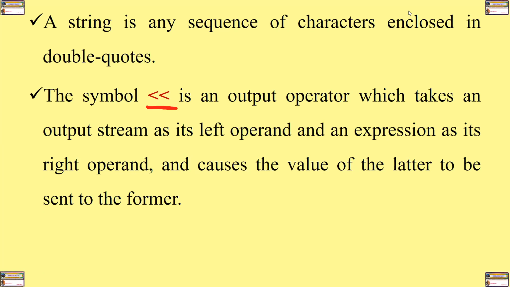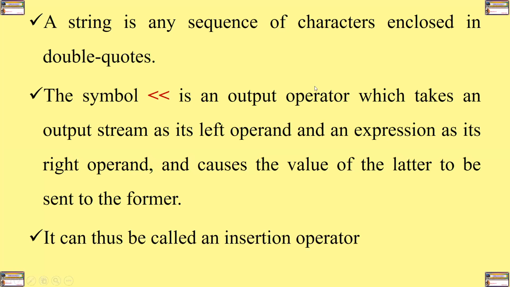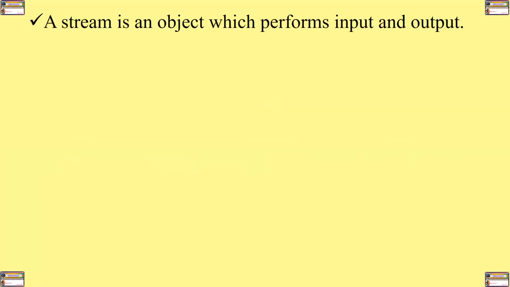What it does is that it takes an output stream as its left operand and an expression as its right operand, and it causes the value of the latter to be sent to the former. It can thus also be called an insertion operator.